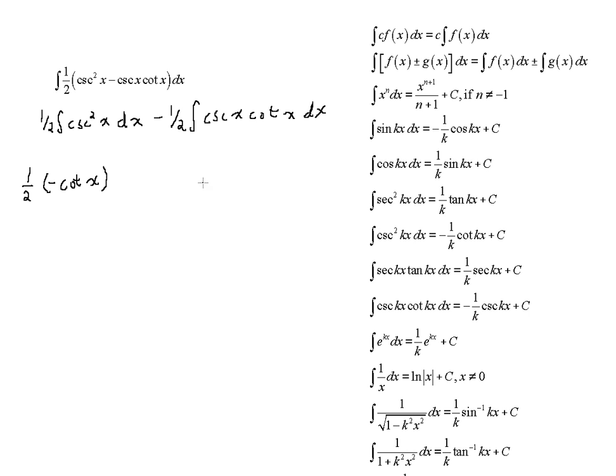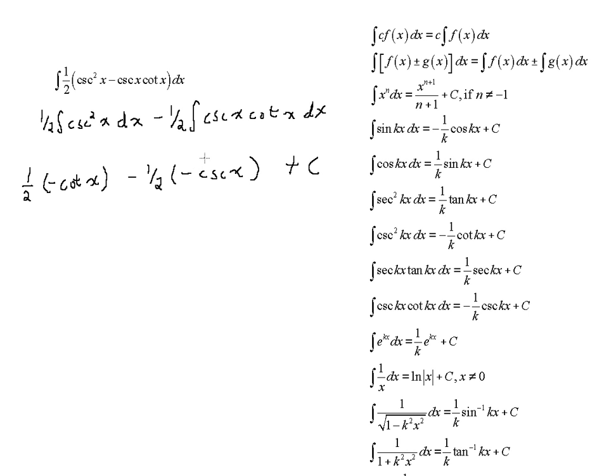So now we have negative 1/2 times the function whose derivative is the cosecant of x times the cotangent of x. Well, that's the negative cosecant of x, and then plus our arbitrary constant c. And that negative comes into play for the same reason this one did: the derivative of the cosecant of x is the negative cosecant of x cotangent of x, which I guess we could have actually left this negative in, but sometimes when you get better at this, you'll do things like that.